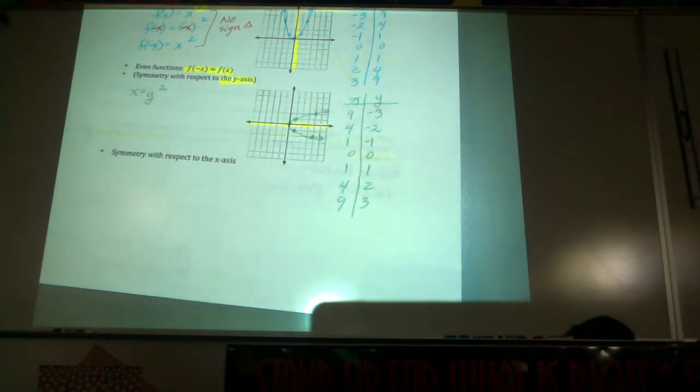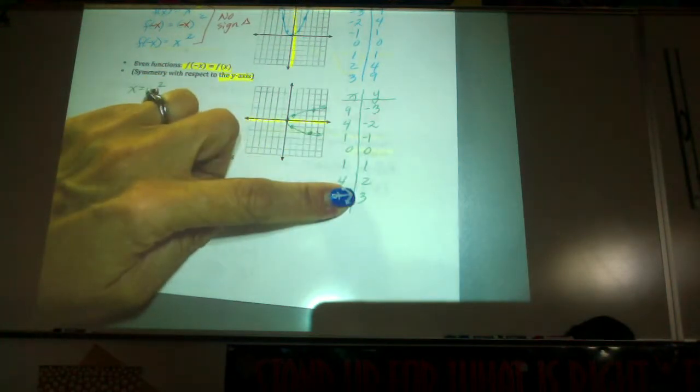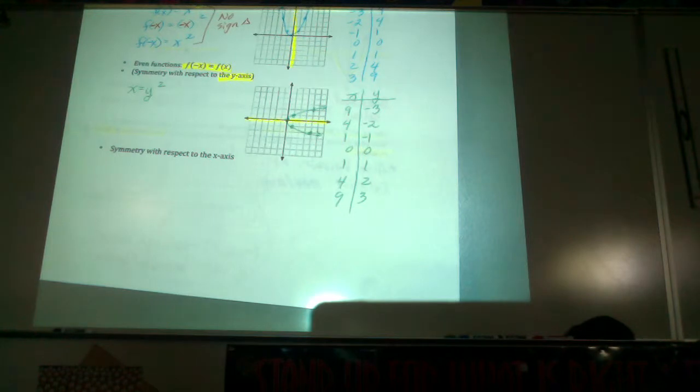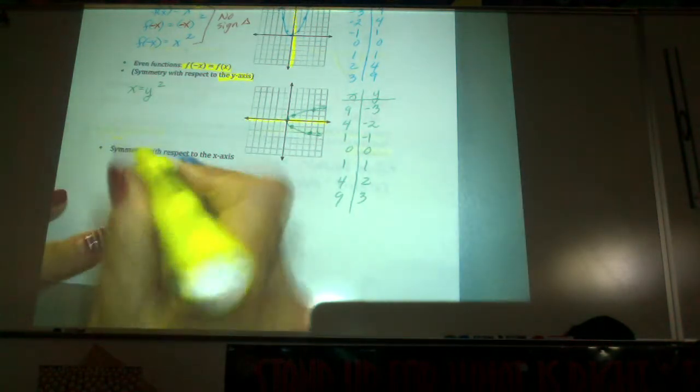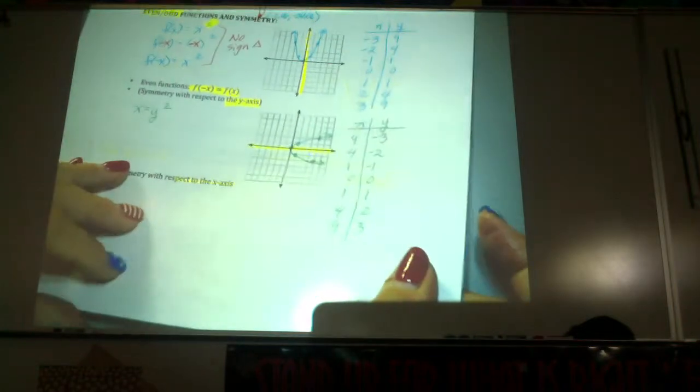And notice that when there was no sign change in x, there were definitely sign changes in y. So it's kind of a weird change there. So neither even nor odd. And that's not to say that all neither even nor odd graphs are symmetric to the x-axis. This particular one is.